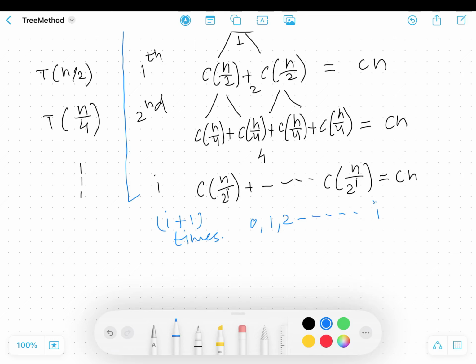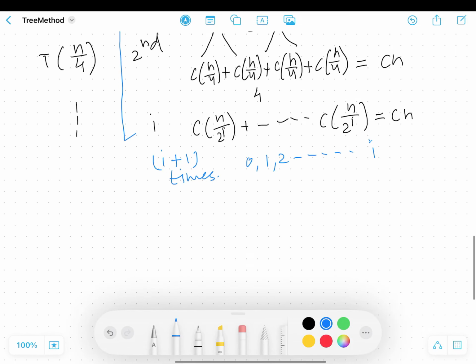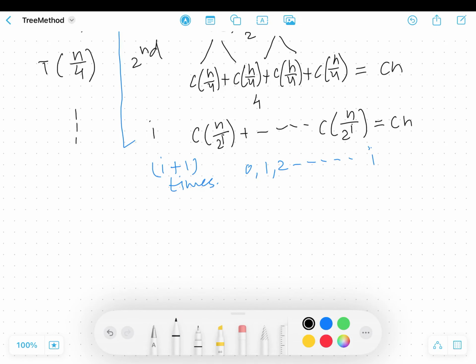So we have divided the problem until the problem size is 1, which means we have reached the base case, which is T(1).